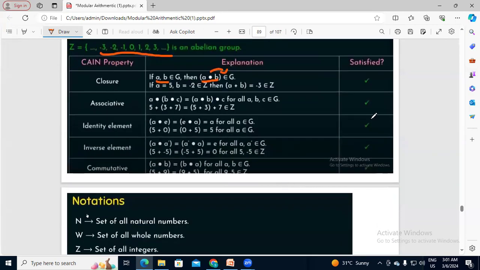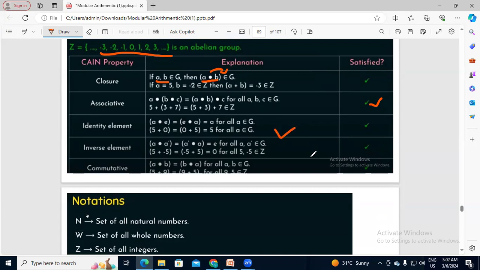Then next we check the associative property. Any numbers we select from the group, we check with the formula. Again it is satisfying associative. There exists the identity element. For multiplication you will choose identity element 1, and for addition you will choose 0.